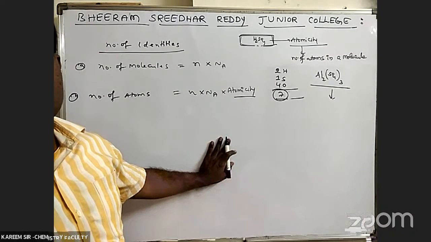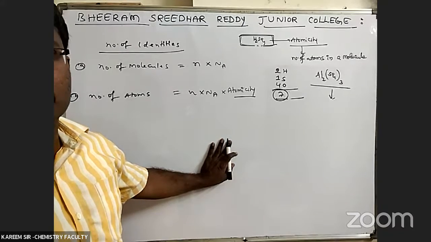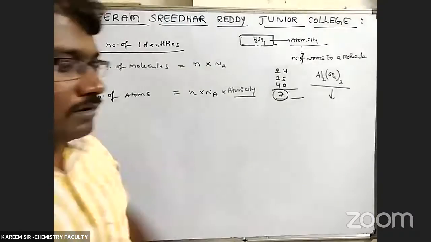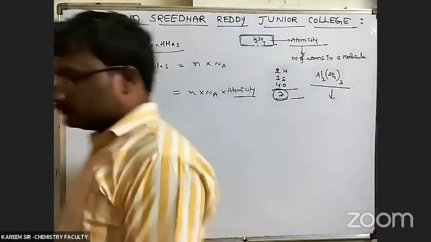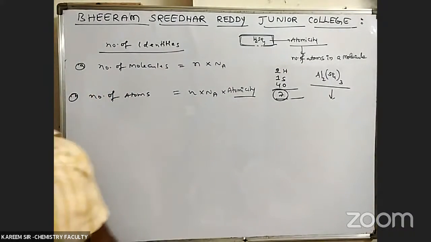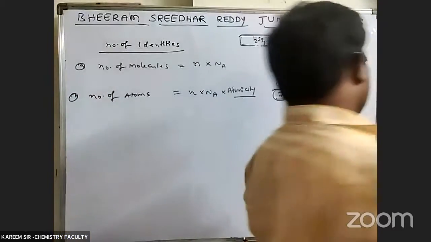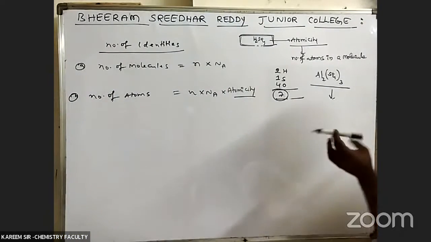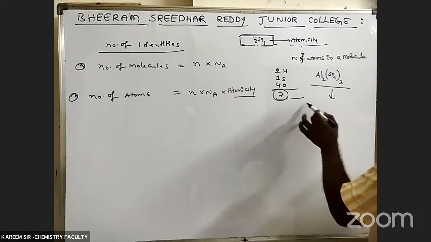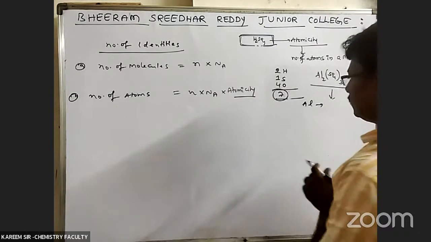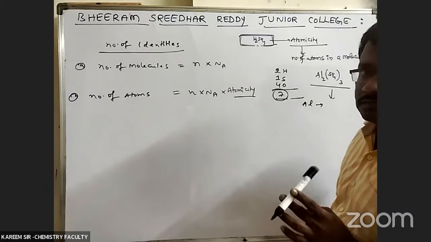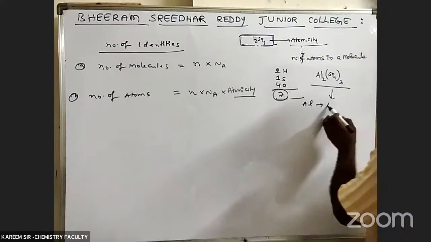Number of atoms is atomicity. 3 sulfur and 12 oxygen. Aluminum how many? 2.